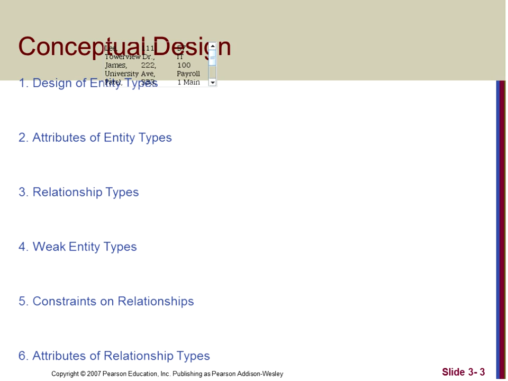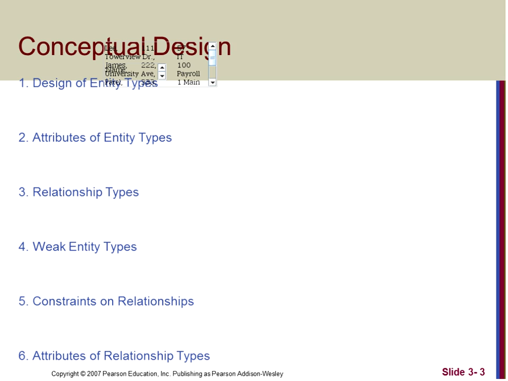Okay, so we realize that the first information is the name, and the second information is the ID, and the third information is the address, and the last information is the department. So actually this is the entity type.